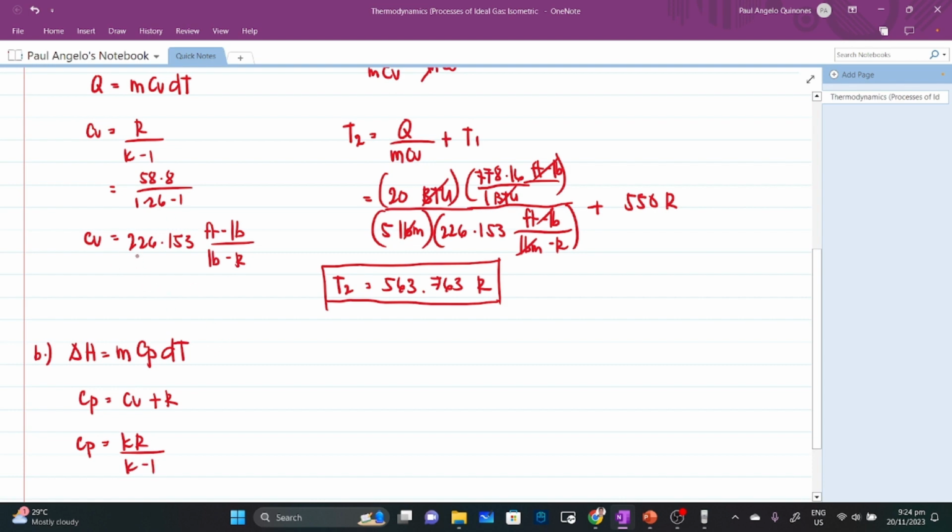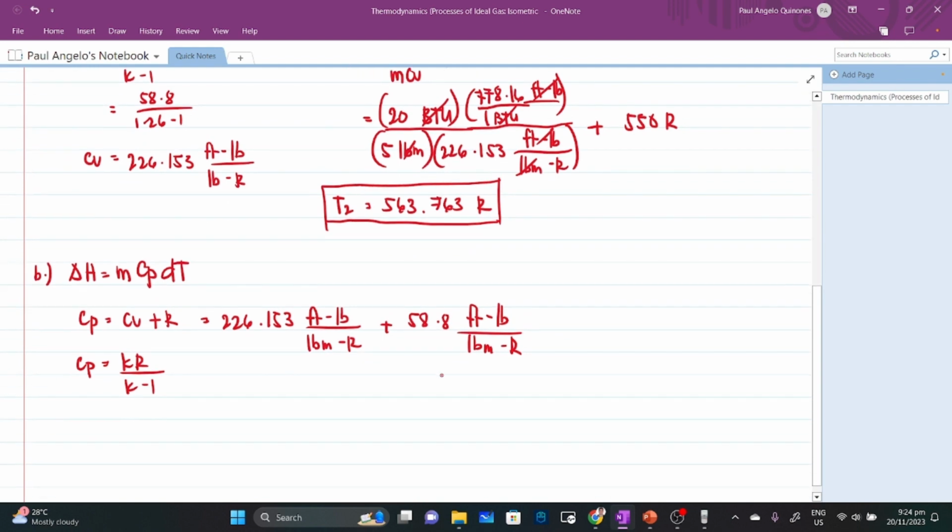Since I have CV here and I have R here, let's use this one. So CP is CV, which is 226.153 foot-pounds per pound mass Rankine, plus R, which is 58.8 foot-pounds per pound mass Rankine. Since they have the same units, we can add them.